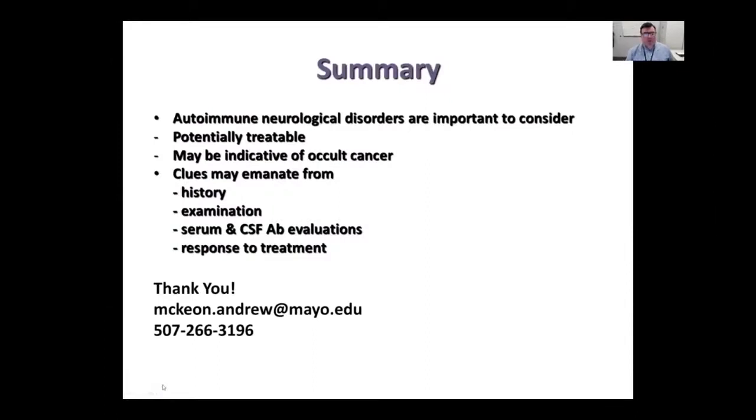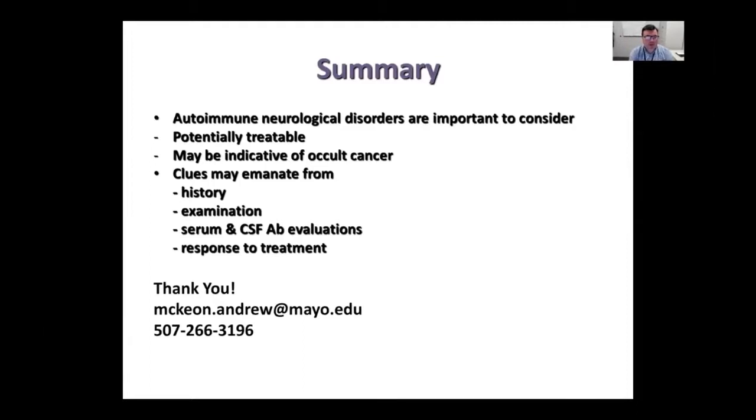So in summary, these autoimmune neurological disorders, including autoimmune CNS disorders and CNS autoimmunity in general, are important to consider. These are overall rare disorders when you take them individually, but collectively speaking, when you're on a general neurology hospital service, either adult or pediatric, there's usually a couple of patients on any service where these disorders are being considered.